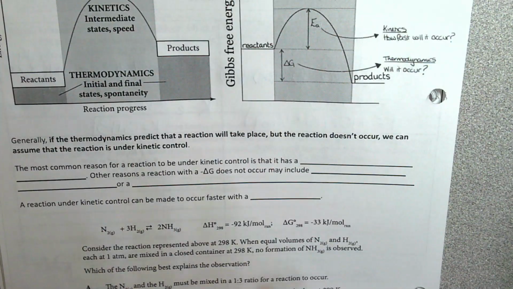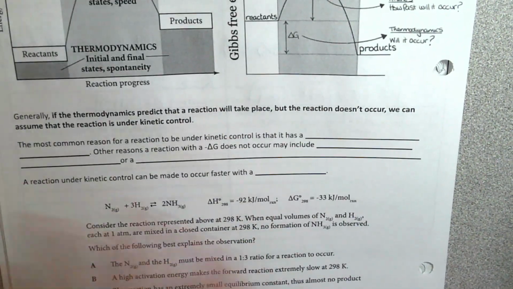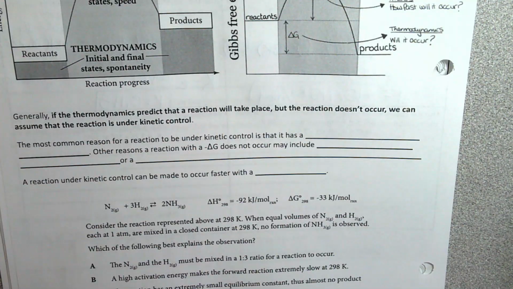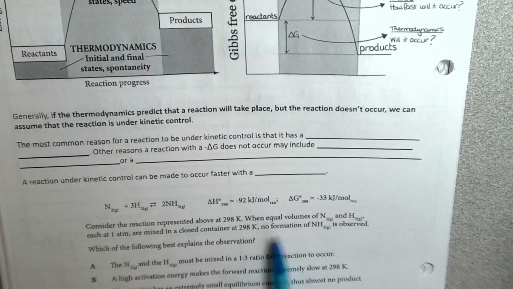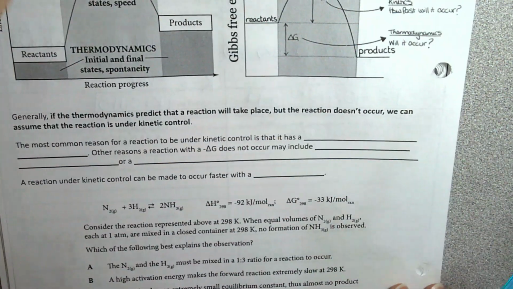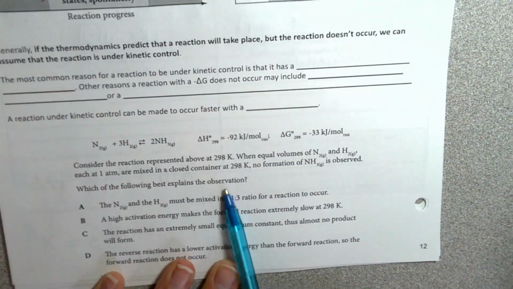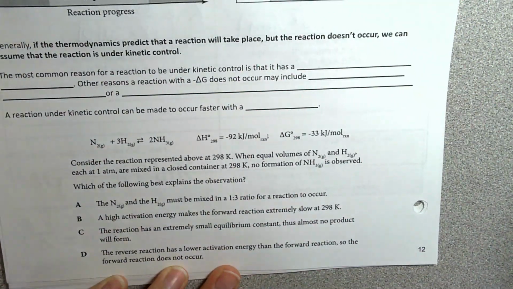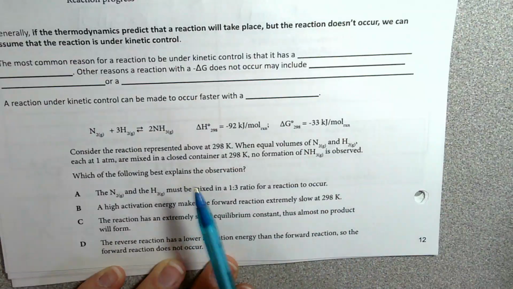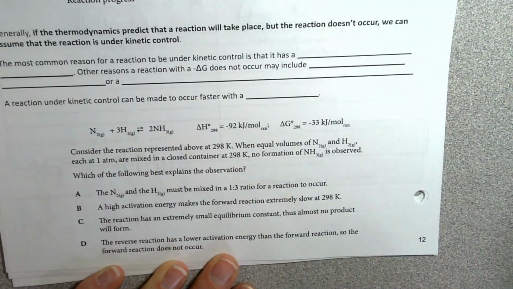So if we look at this question, we're given a reaction, an enthalpy change, and a Gibbs free energy. It says, consider the reaction represented above when equal volumes of N2 and H2, each at 1 atm, are mixed in a closed container. No formation of NH3 is observed. Which of the following explains that?